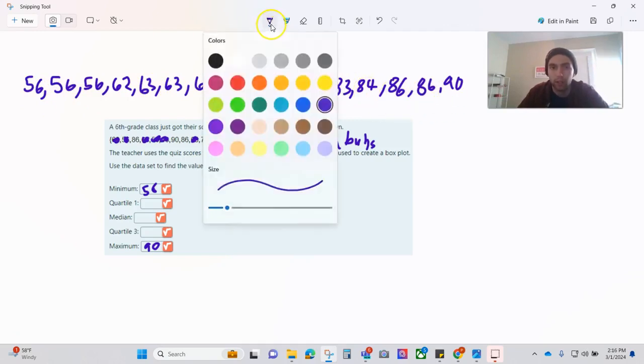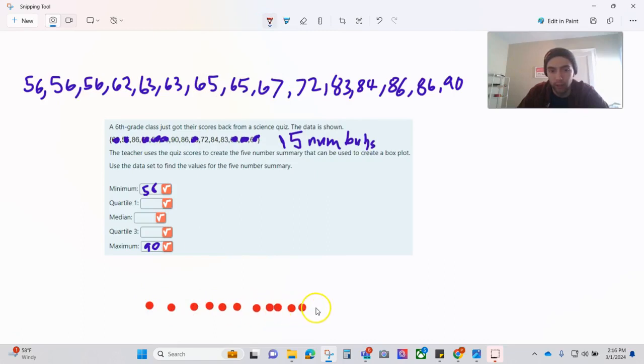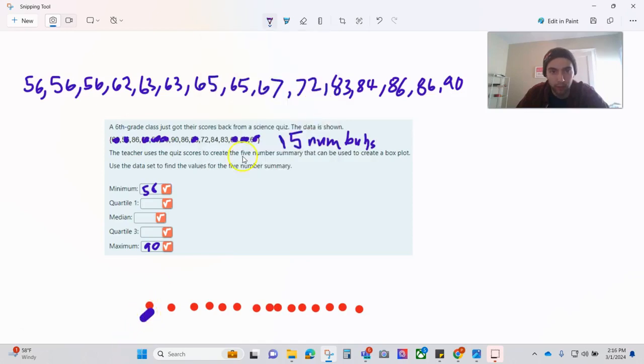Okay, good. What is in the middle of 15? Maybe, instead of numbers, let's use dots. If I had 15 things all in a line, what thing would be in the middle?